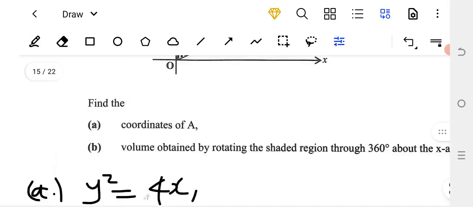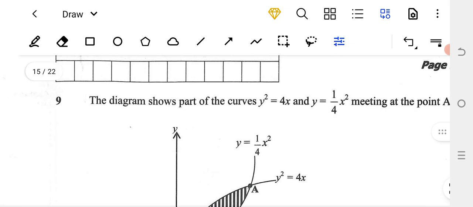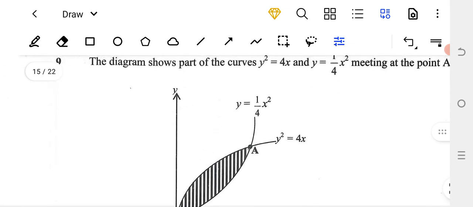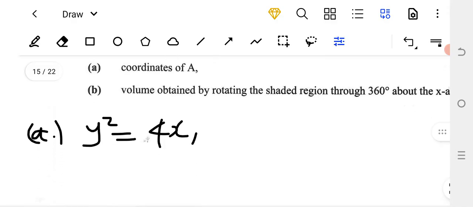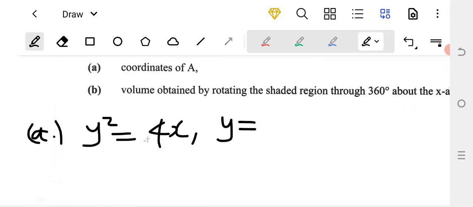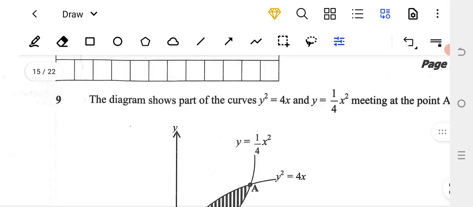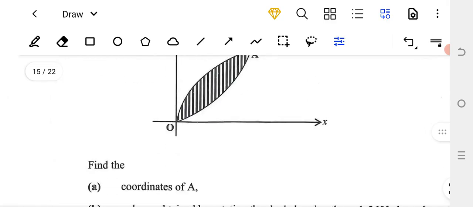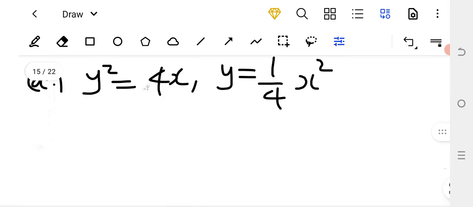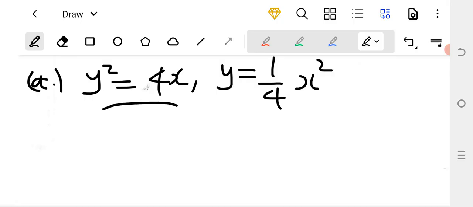And then we also have y is equal to 1 over 4x squared. Like that. And then we want to know where these two curves are intersecting.